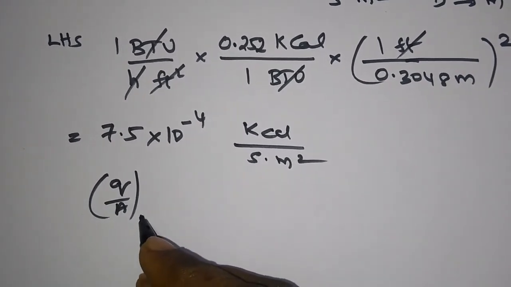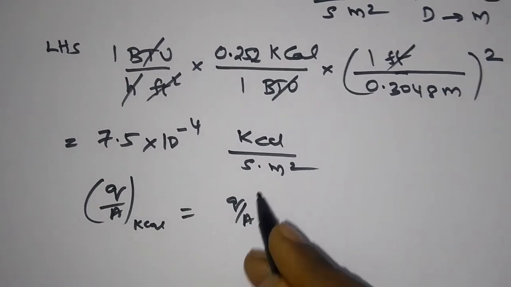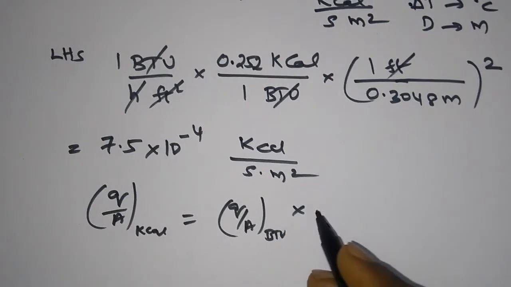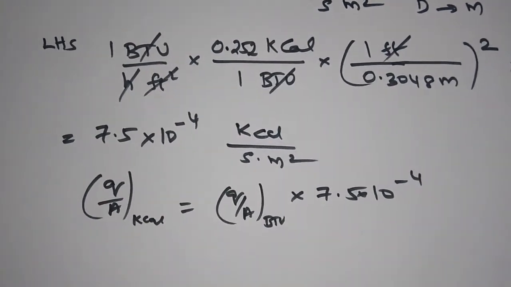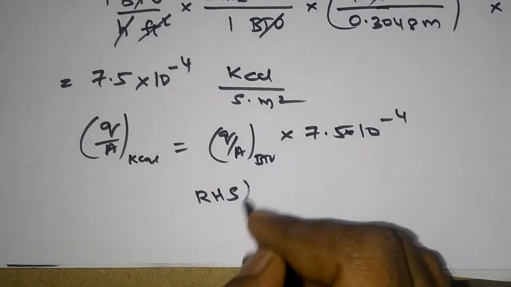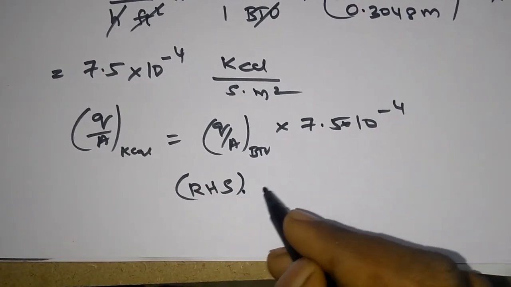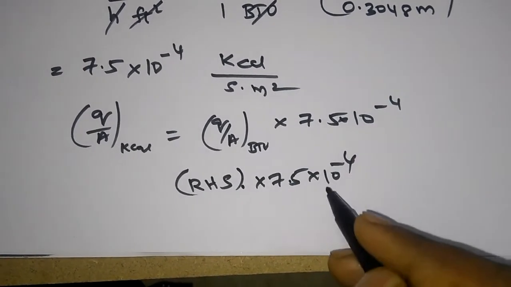So to get this Q by A in the new unit system, that is in kilocalorie per second meter square system, we have to convert this Q by A given in BTU units into 7.5 into 10 power minus 4. That means we have to do the same in the right hand side also. So after we convert the right hand side, we have to multiply it by 7.5 into 10 power minus 4.